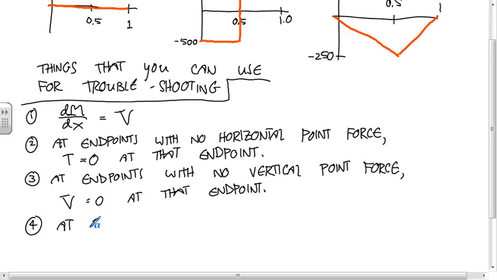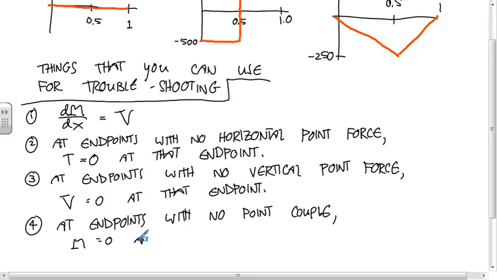So at endpoints with no point couple, I can't even really imagine what a distributed couple would look like, but I'll leave that open. With no point couple, M is equal to 0 at that endpoint.